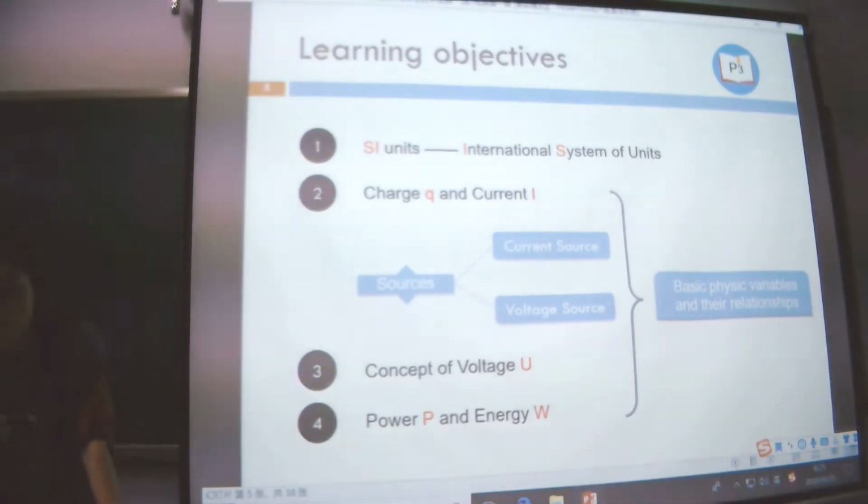So, without this charge or current, we don't need to analyze this, right? So this is the basic variables.